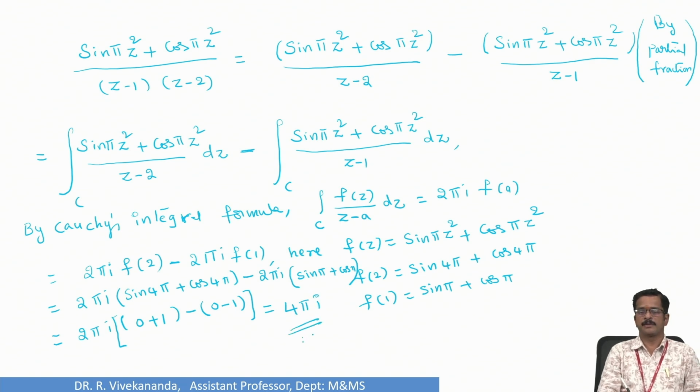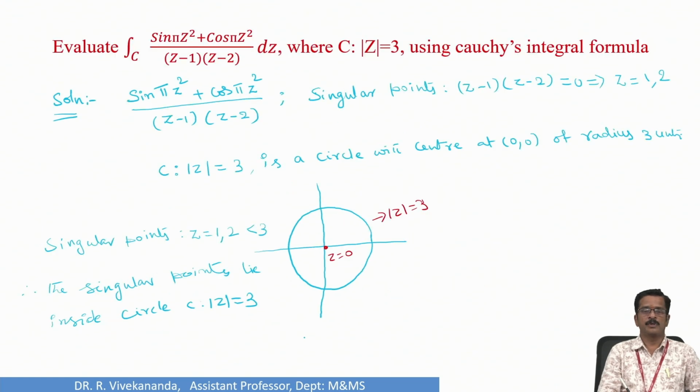Okay. So once again I am just recalling. First take the integrand. For that integrand function, you evaluate the singular points, and after that sketch the curve, and check whether the singular points lie inside or not. Here we have two singular points, both lie inside.